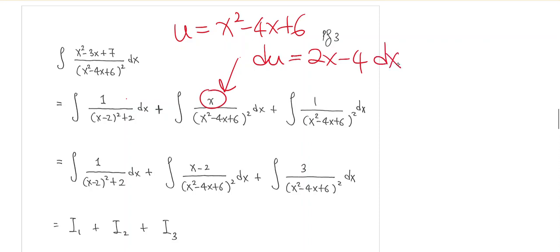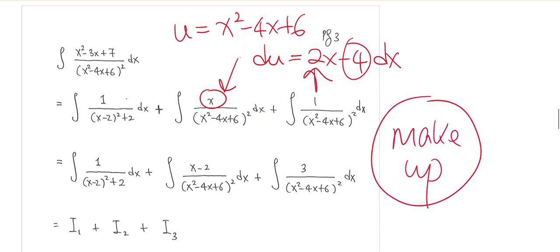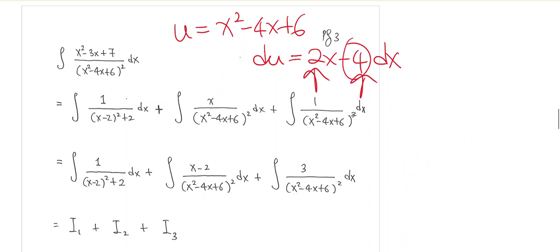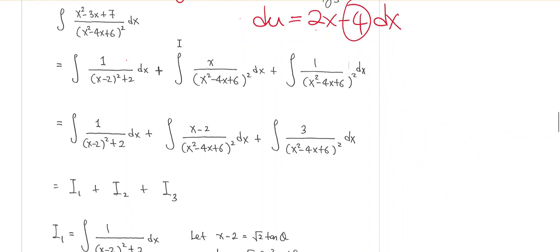But we also need to make a minus 4. So I am going to write this thing a little bit. There are many ways you can make, okay, this is what we call the makeup method. There are many ways we can make up the 2 and the 4, but because I already know what I'm going to do, I am going to make it a little bit neat, a little bit easier for you to see why we are doing all these things.